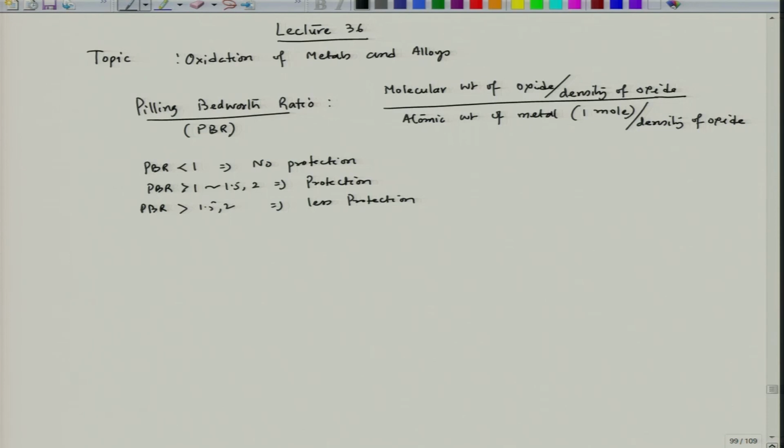At least if we go by this PBR, let us do some calculations for aluminium.